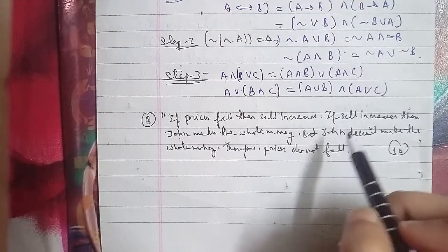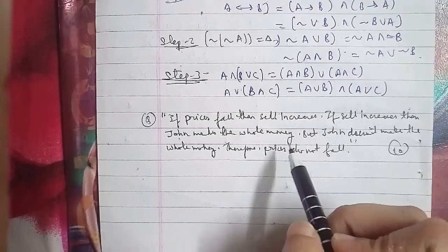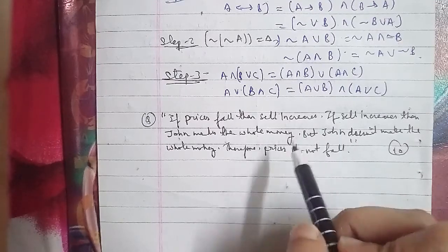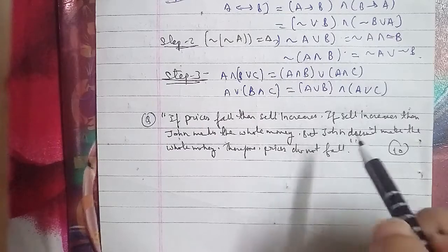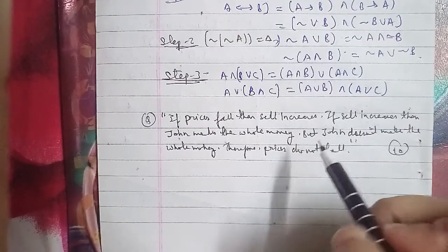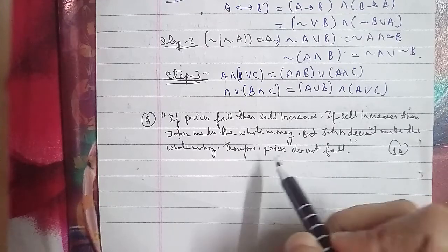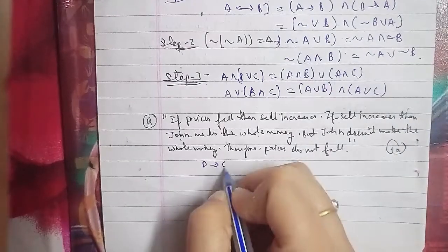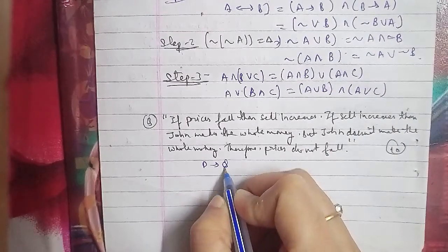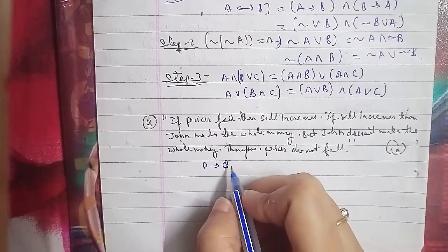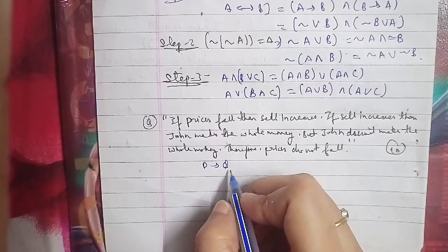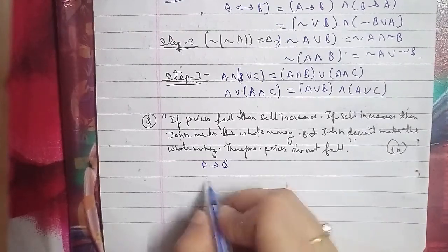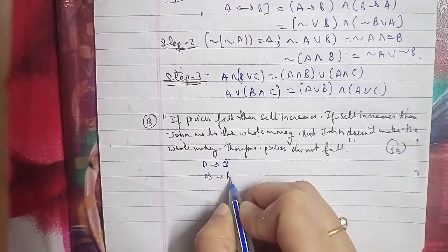From P implies Q, that is, if the price falls then sales increase, and Q implies R, that is, sales increase then John makes a lot of money, we get P implies R, cancelling out Q. So here, the price falls, John makes a lot of money.